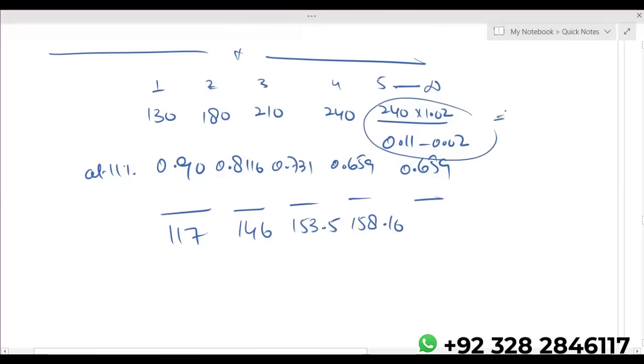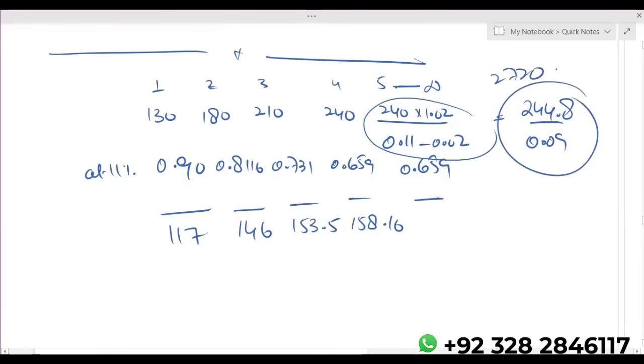Now first, please try to solve this. Actually, it is 240 multiplied by 1.02. I'm getting 244.8. In the denominator, you will get 0.09. So 244.8 divided by 0.09, the answer of this is 2720. Logically, 2720 will be multiplied by 0.659.